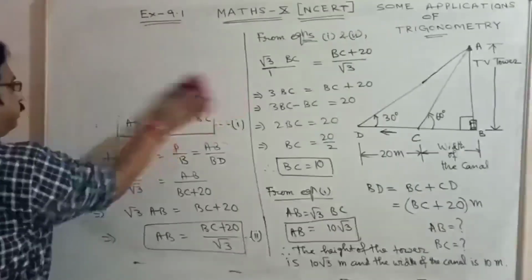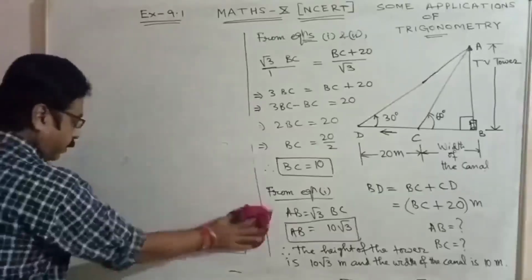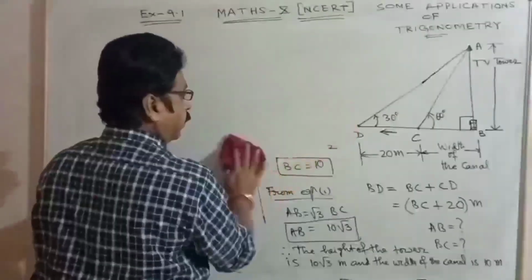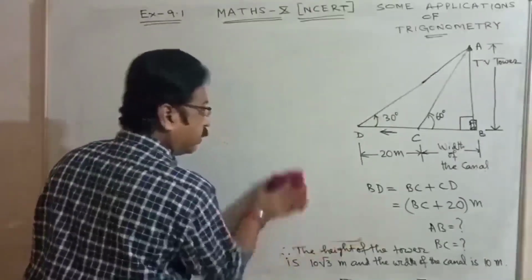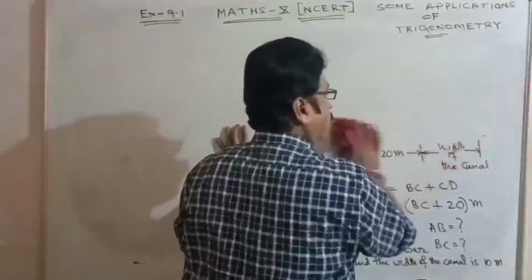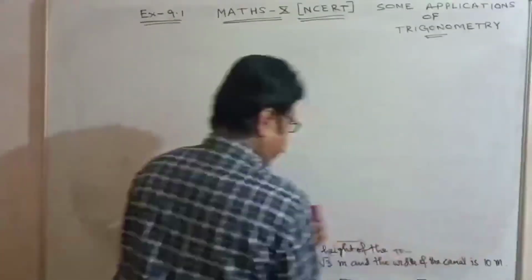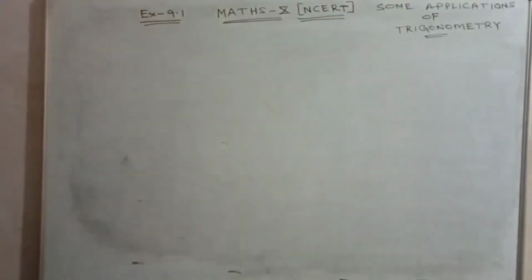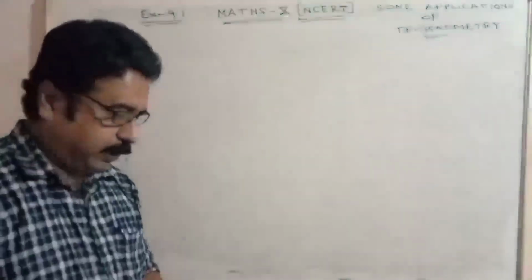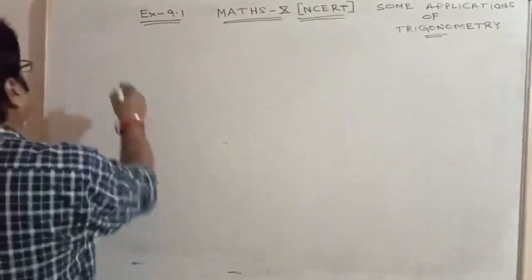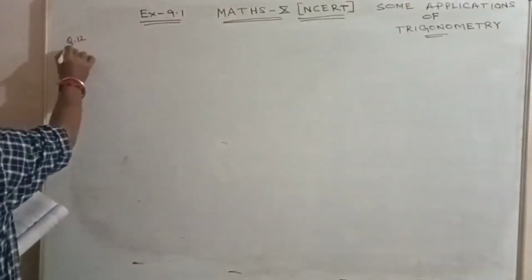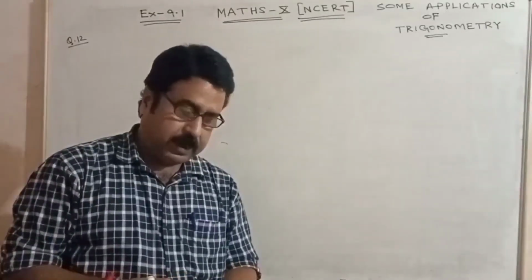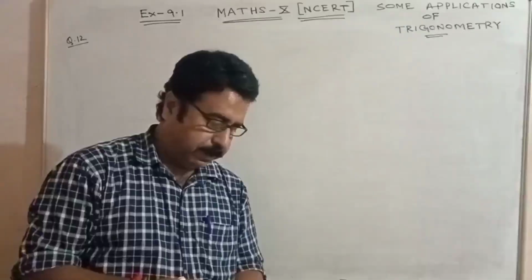Next question. Now question number 12. From the top of a 7-meter high building, the angle of elevation of the top of a cable tower is 60 degrees.